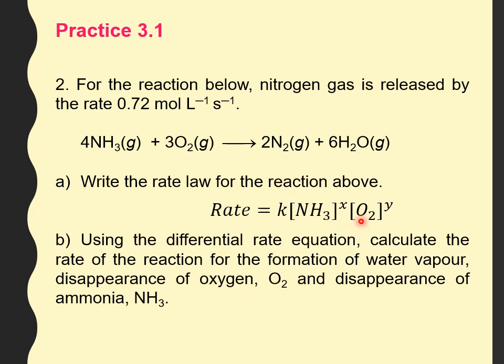We put here the concentration of O2 to the power of y. Rate equals to k, concentration of ammonia to the power of x, concentration of O2 to the power of y. This is the rate law, and we're going to look at this even deeper afterwards.